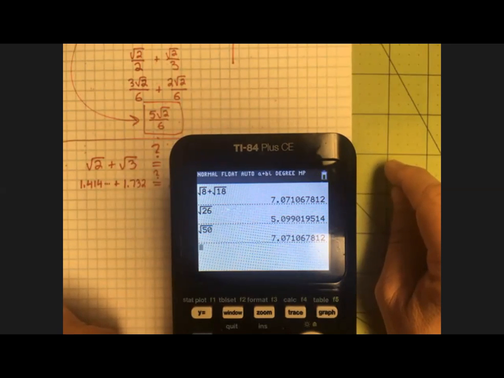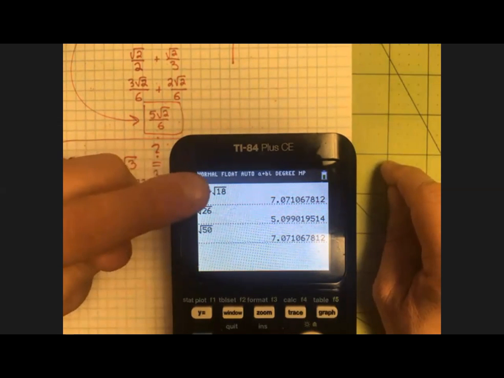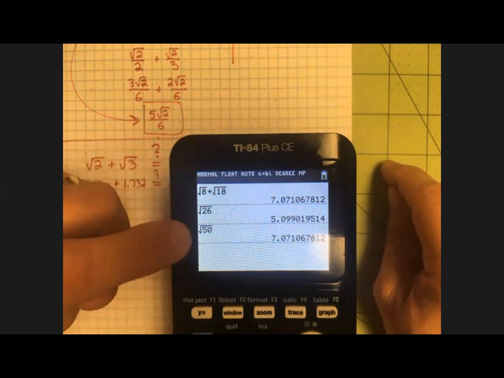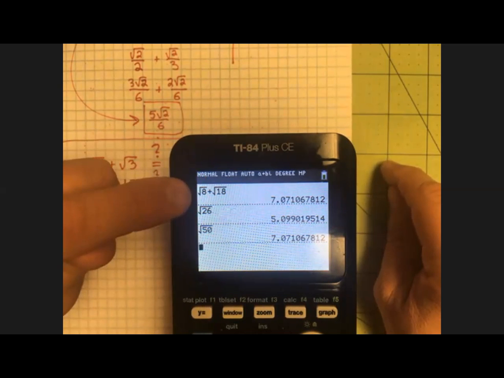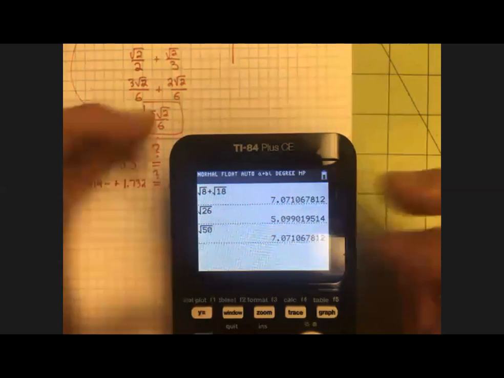So what's he saying to you? I bet if I simplified square root of 8 plus square root of 18, and if I simplified square root of 50, I better get the same thing. Even though the square root of 8 plus the square root of 18 doesn't look like the square root of 50, they must secretly be the same.